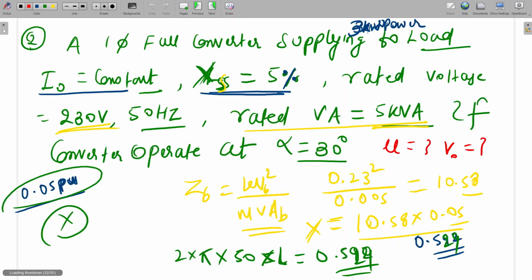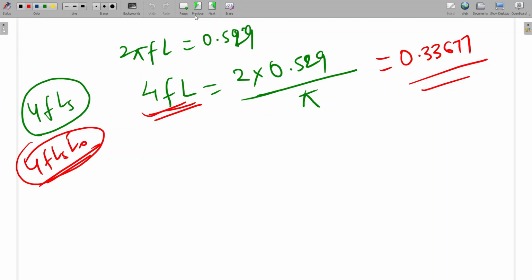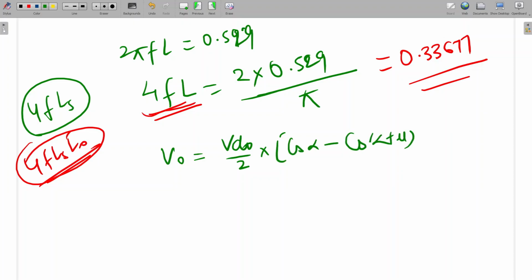Now what other data is given? Output power is given. So we'll write the first two equations. For any question, first we'll write the two basic equations. V naught is equal to Vd0 by 2 into cos alpha minus cos alpha plus mu.